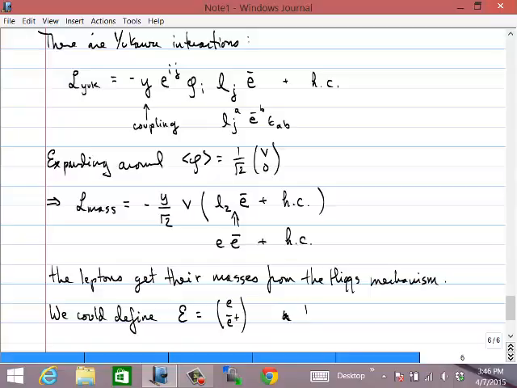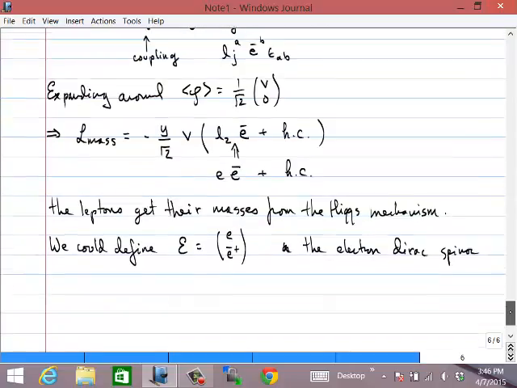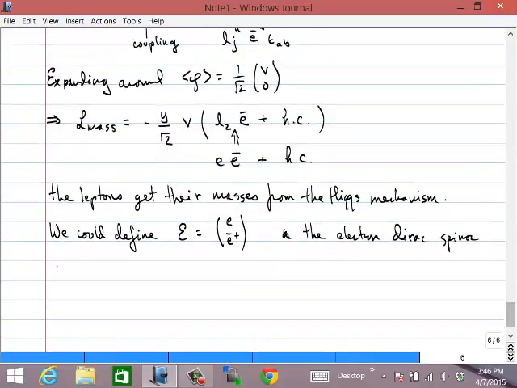So this would be the electron Dirac spinor. And then this mass term is just the usual mass term that you expect for a Dirac field.